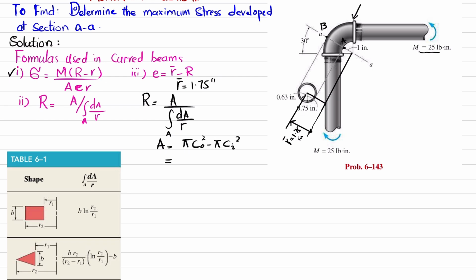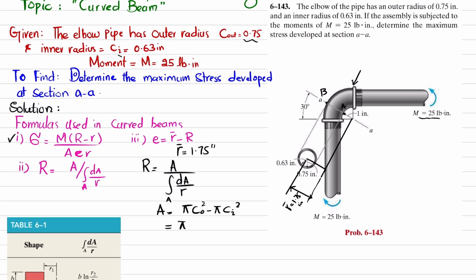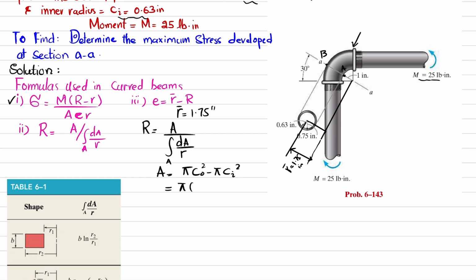So put the values: c outer is 0.75 and c inner is 0.63. So pi times 0.75 squared minus pi times 0.63 squared. And when you solve this, you will get the area equal to 0.1656 pi. You can multiply 0.1656 with 3.1417, so you will get the area, and the unit will be square inch.